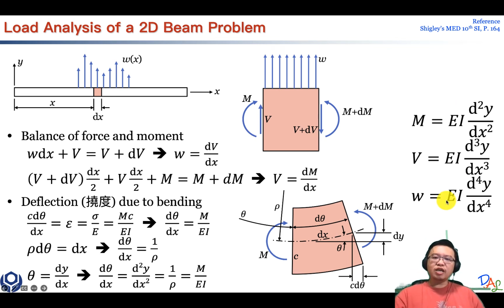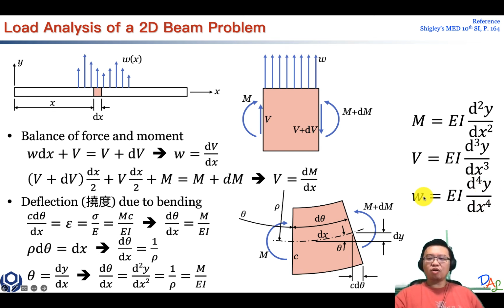But usually when we solve problems, we have knowledge of the external force. We know how much distributed load we have. So we have this information right here, and we can take 4 integrals and get y.